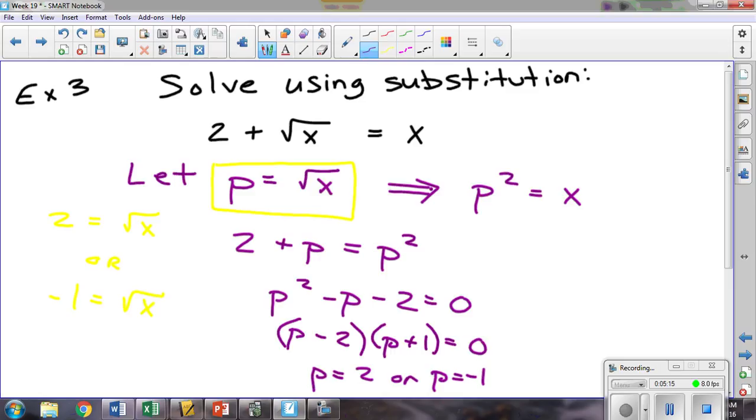Since the square root refers only to positive numbers, it can't equal negative 1. Coming back to the top one, if we square both sides, we get 4 is equal to x. And we're able to eliminate the extraneous solution also. We're done, getting the same result as we did last time, just a different strategy.